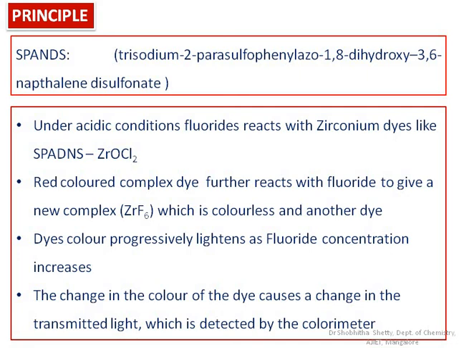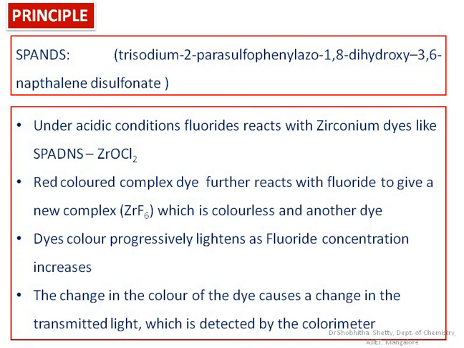We need to record the absorbance of all the standard solutions as well as the test sample, and we can draw a calibration curve and compare the absorbance value of the test solution with the standard solutions, and easily calculate the amount of light absorbed by the test sample as well as the concentration of fluoride ion present in that sample. So this is the main principle behind the SPANS method for determination of fluoride ion.